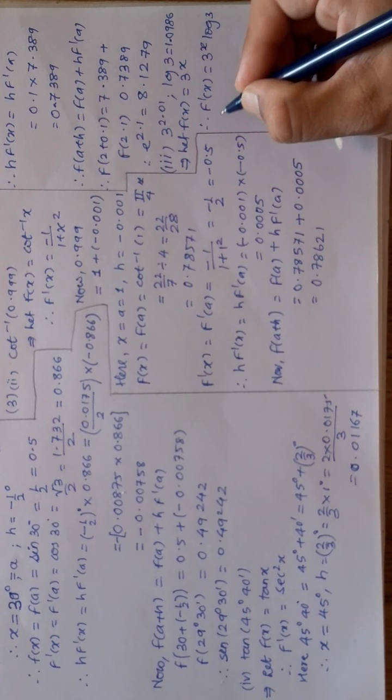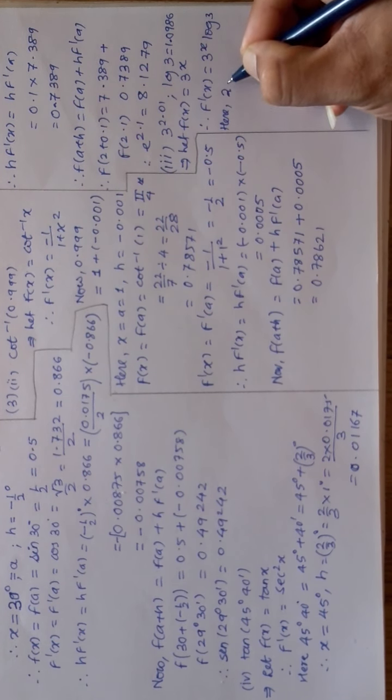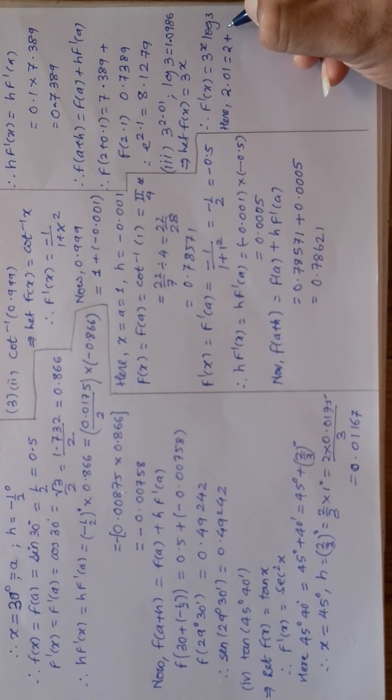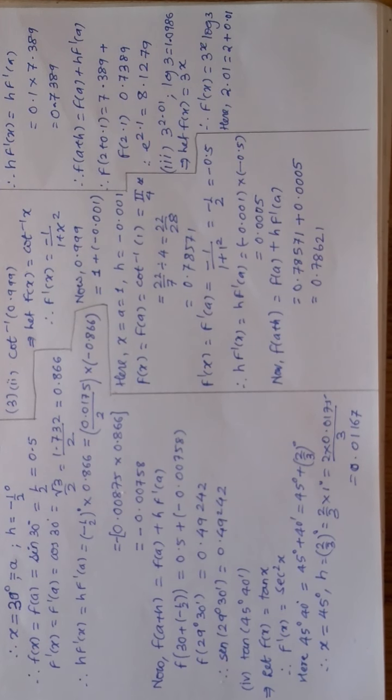Now if you consider here, this is your 2.01, which is nothing but 2 plus 0.01. Space is less, so I need to write very small. Okay, but I am speaking it.